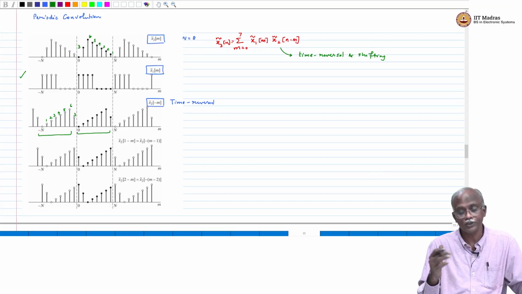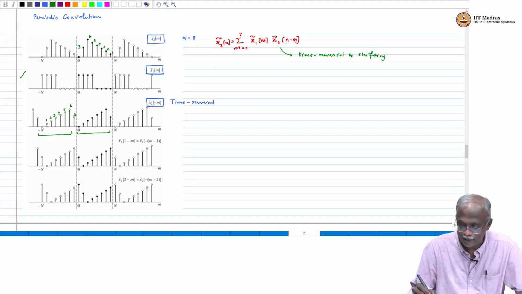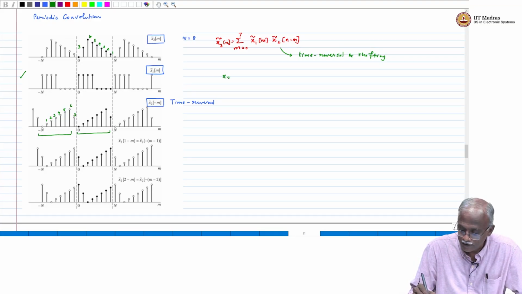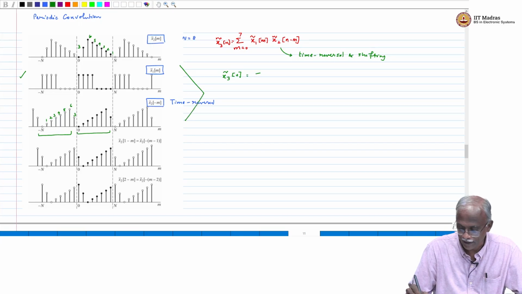I'm sure that is something that you are very comfortable in doing. Now I need to shift. If I want x3 tilde of 0, then I multiply these two terms: summation m equal to 0 through 7, x1 tilde of m, x2 tilde of minus m, with n equal to 0.